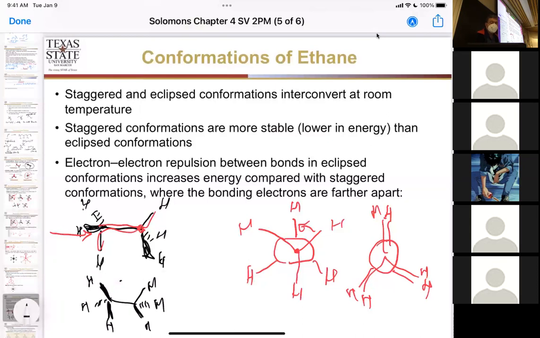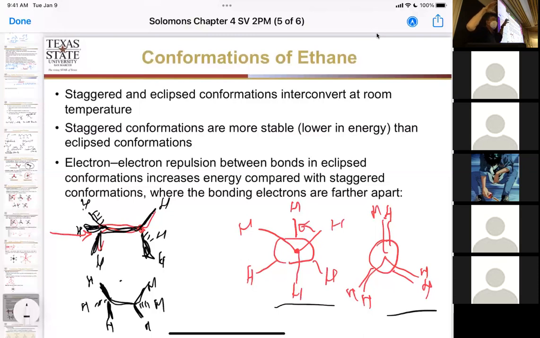So the difference, the pushing away of hydrogens, is what we call torsional strain. So which do you think is higher in energy? One where they're at a 0 dihedral angle and closer together, or at 60 degrees staggered and further apart? 60 degrees and further apart, because those hydrogens are not little dots in space, right?